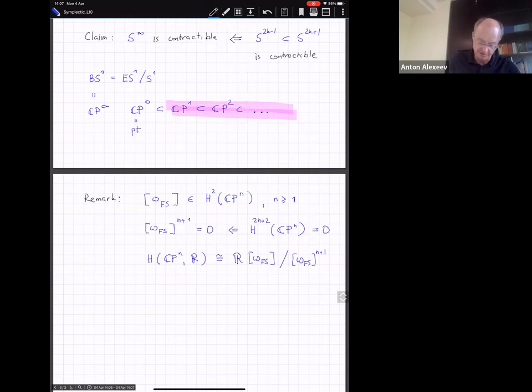Here is the fact, which is not that surprising, and that we're going to recover in another approach later today: the cohomology ring of CP infinity is simply the polynomial ring with one generator, which I now call omega_FS, but we're going to call in a different way later on.